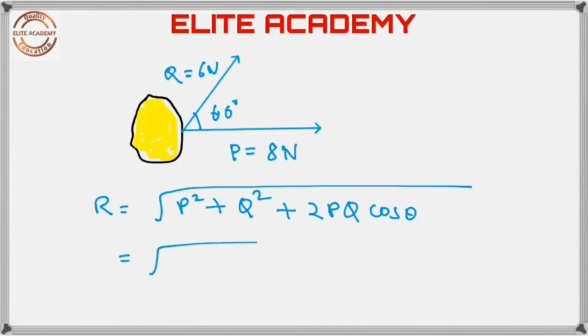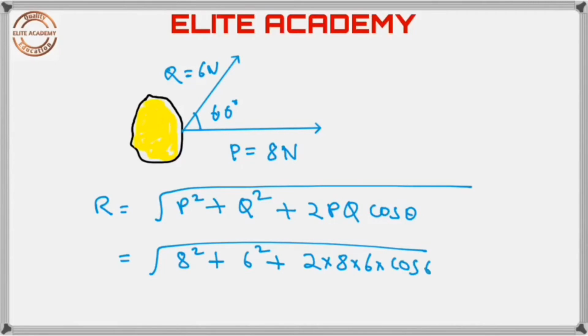Here theta is 60 degrees. So root over 8 square plus 6 square plus 2 into 8 into 6 into cos 60 degrees. If we calculate this, we get the resultant as root over 148, that is 12.16 newtons. This is the magnitude of the resultant.